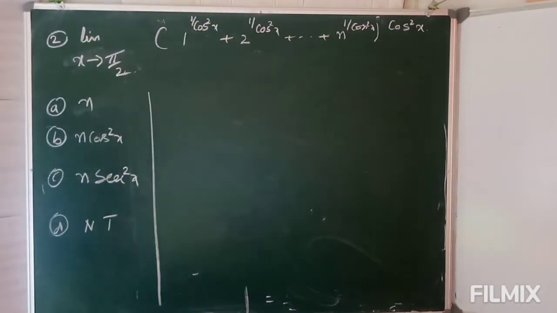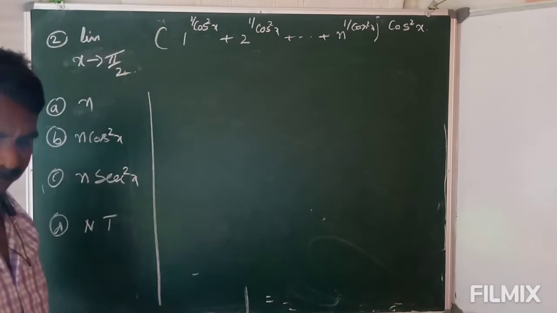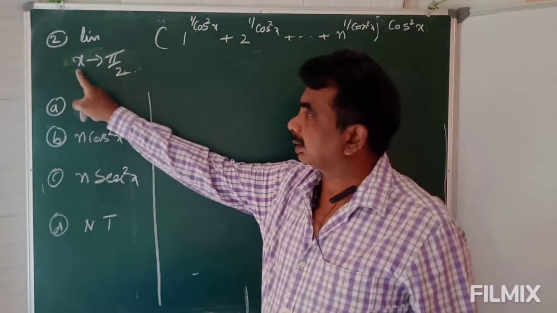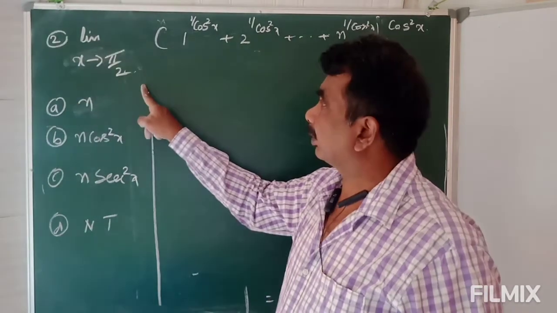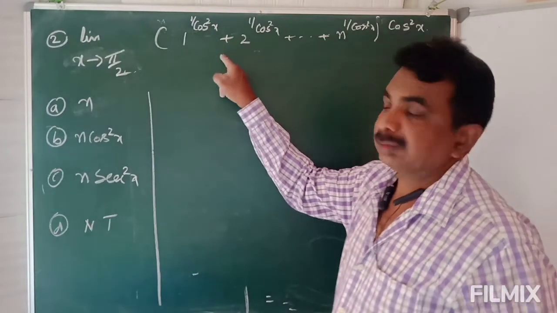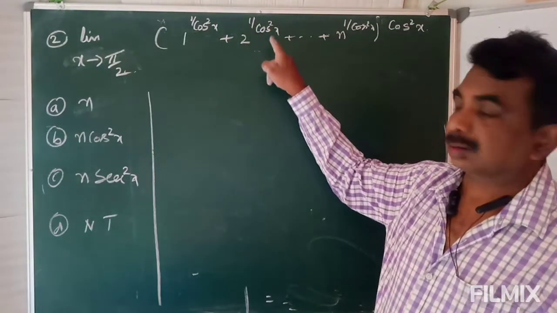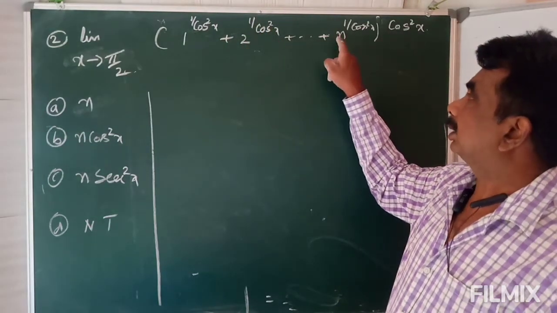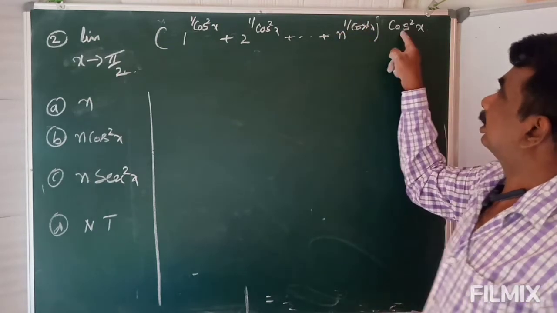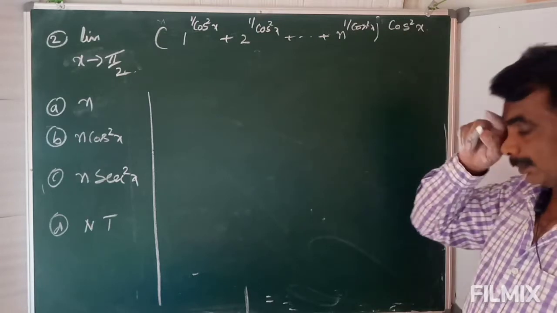This is the special problem. Here the limit extends to pi by 2, of 1 power 1 by cos square x plus 2 power 1 by cos square x plus up to so on, n power 1 by cos square x, whole power cos square x.